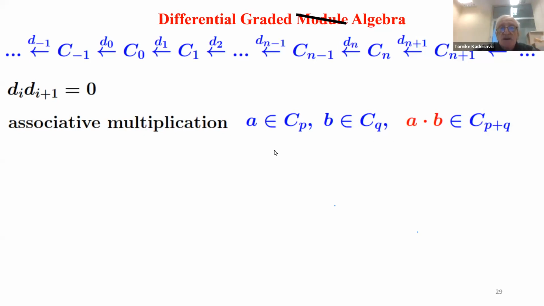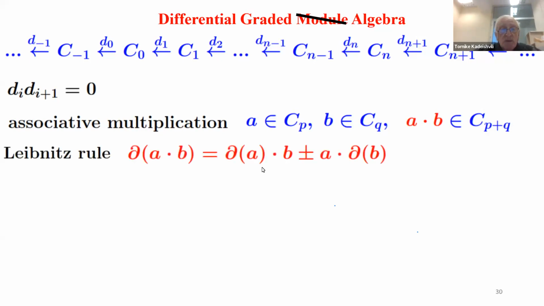This is a differential graded algebra, but the multiplication must be connected with the differential. And sorry for this D, I should use the same D. D of AB is DA times B plus A times DB. Hey, this is the clear story about derivatives, yes? The derivative of a product of two functions is the same formula.